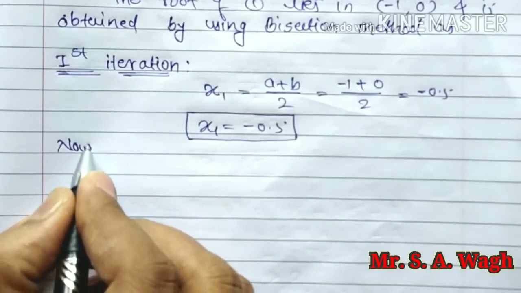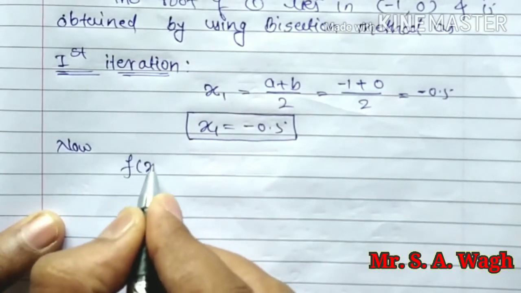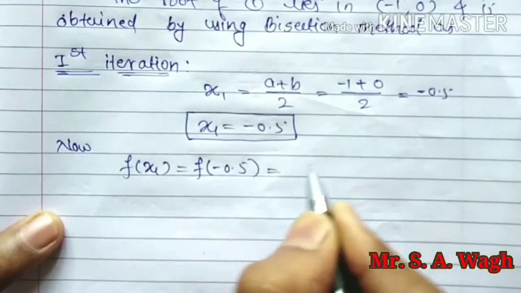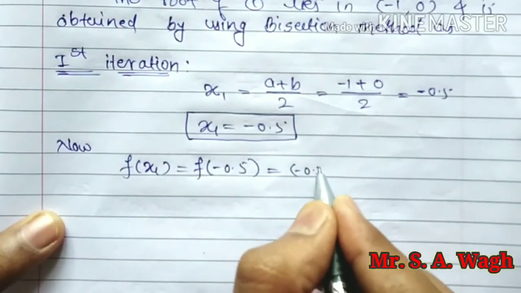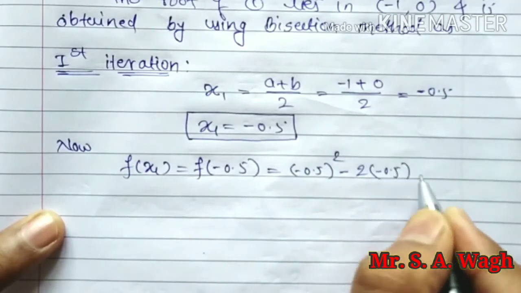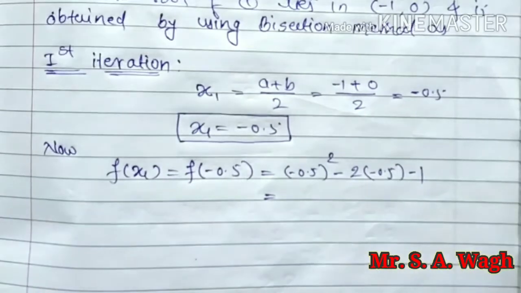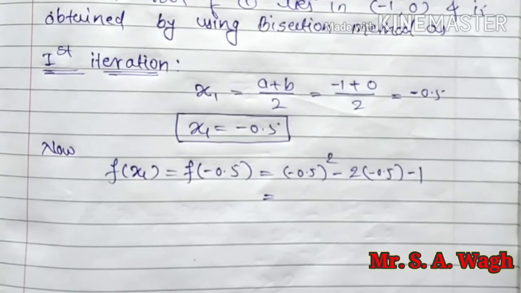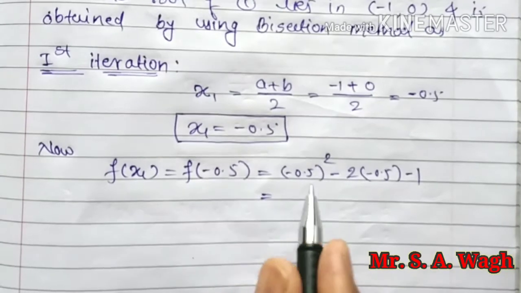Now next we find f of x1. So this is f of minus 0.5. So this is minus 0.5 bracket square minus 2 into minus 0.5 minus 1. The total calculation, we can simply calculate this and we will get the answer 0.25.